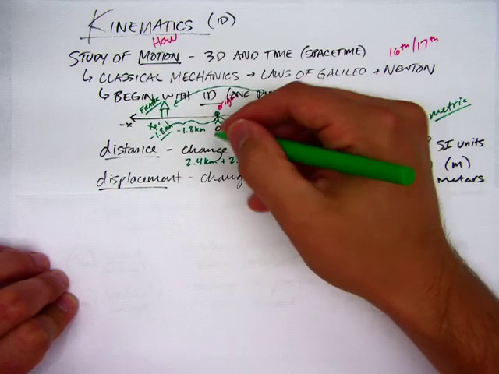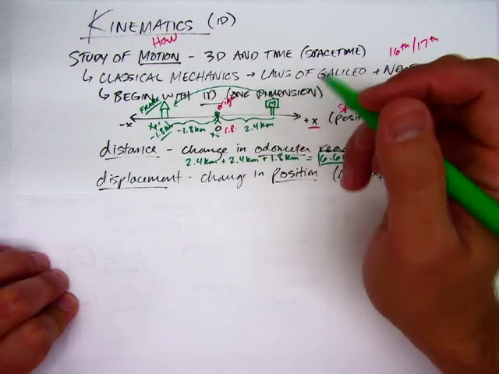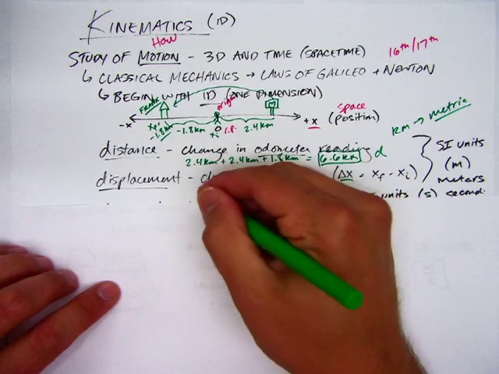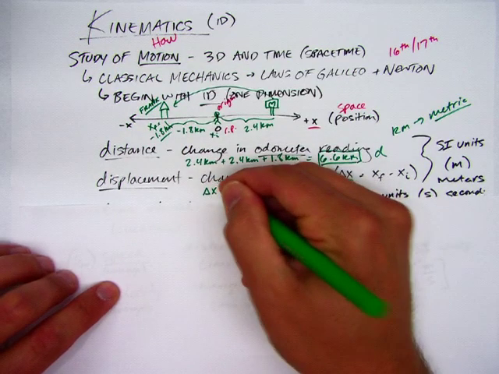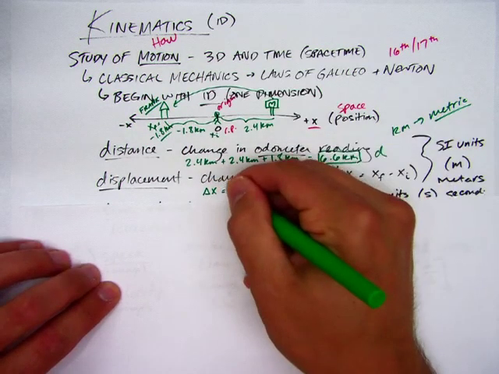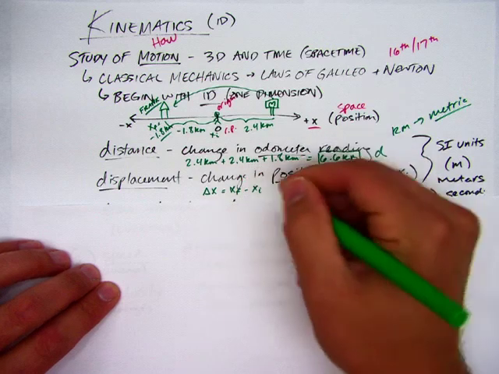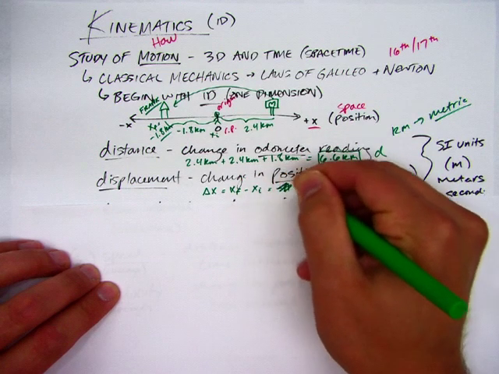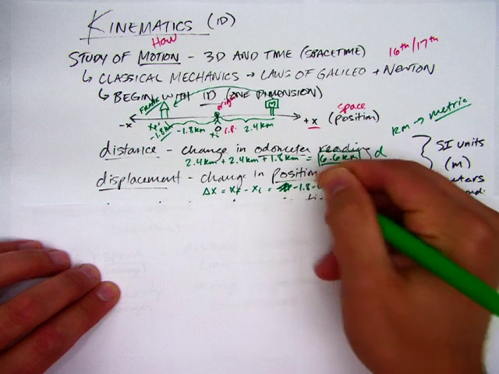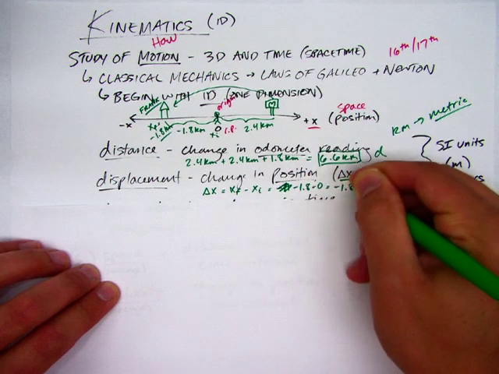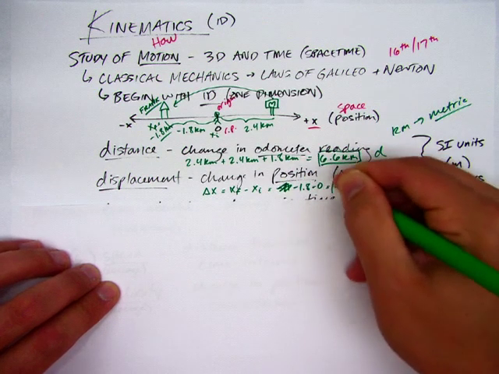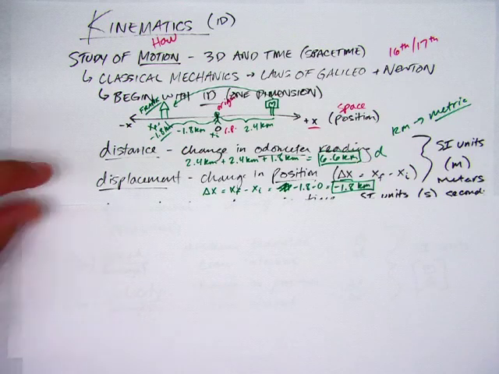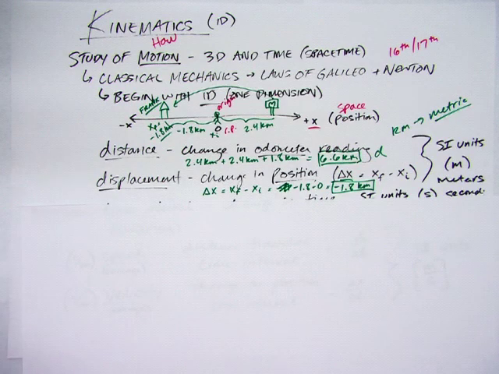My initial position, x initial, is 0. So my change in position, or my displacement, my final minus my initial position, is negative 1.8 minus 0, or negative 1.8 kilometers. So notice, distance and displacement are very different things. We've got to make sure we clarify between the two.